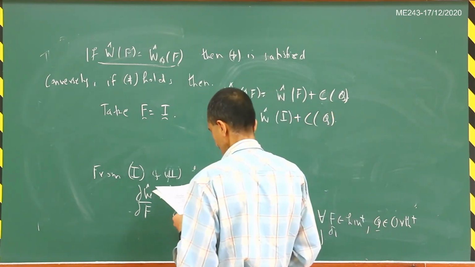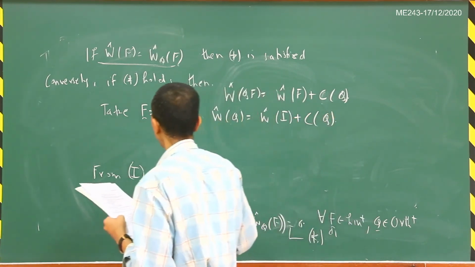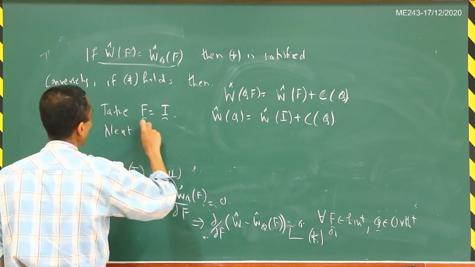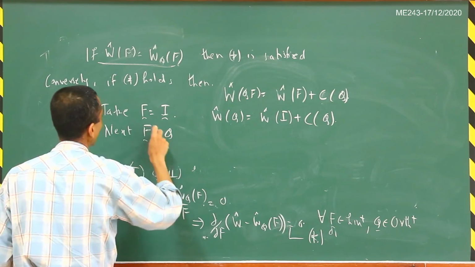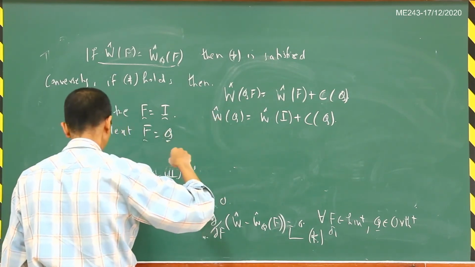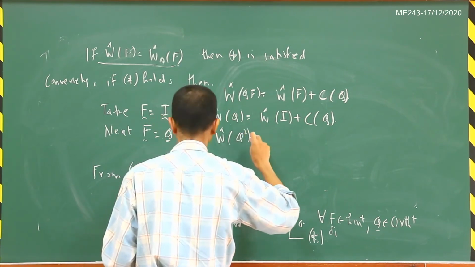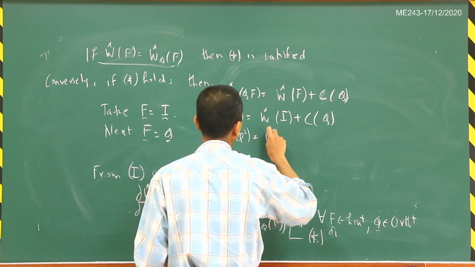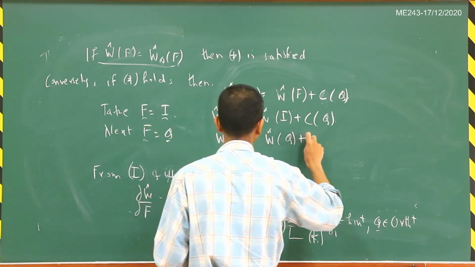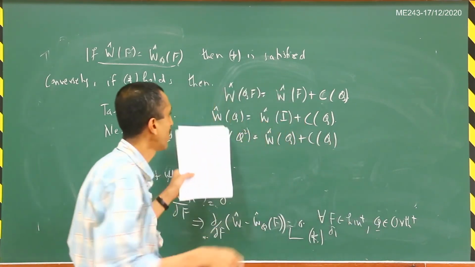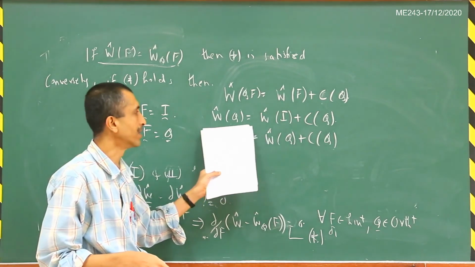And now you take f equal to q itself. Then what you will get is that w hat of q squared is equal to w hat of q plus c of q. And then you substitute. So w hat of q is already available in this particular expression.